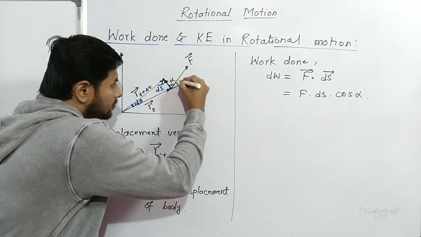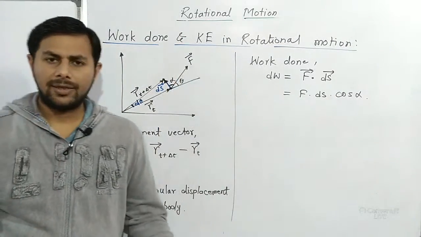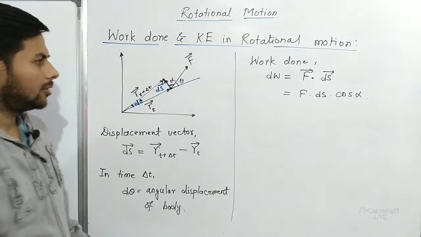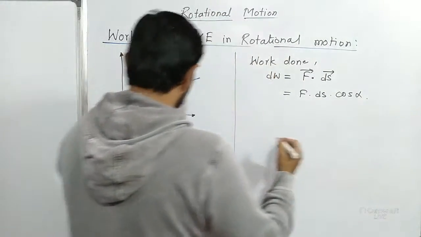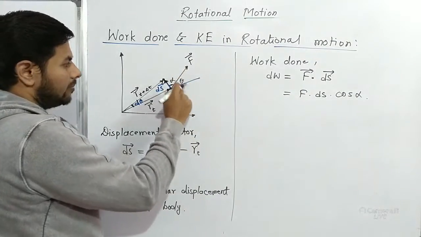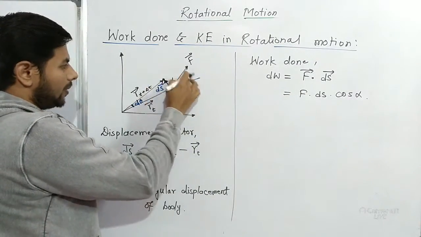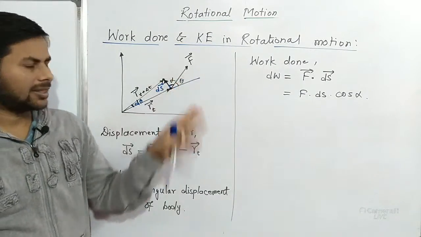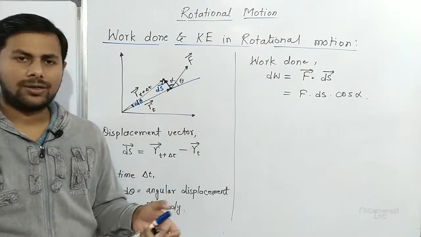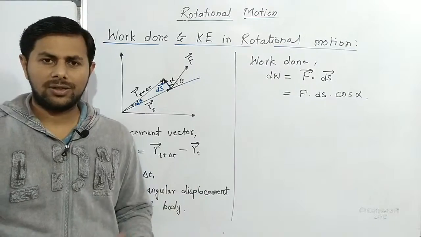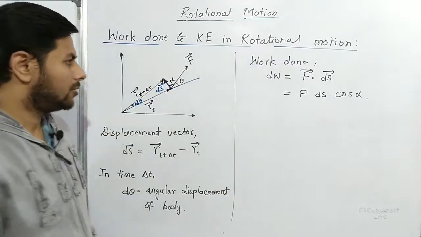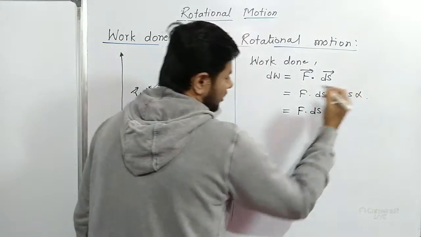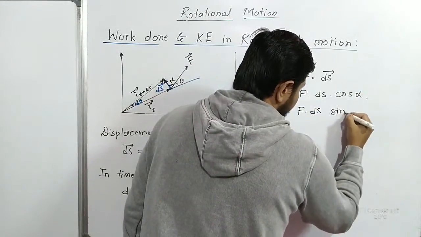So theta is the angle between the position vector and force. Now cos of alpha will be sine of theta, because alpha and theta are complementary angles. The sum of alpha and theta is 90 degrees, so cos of one is sine of the other and sine of one is cosine of the other. So this can be written as F into ds multiplied by sine of theta.